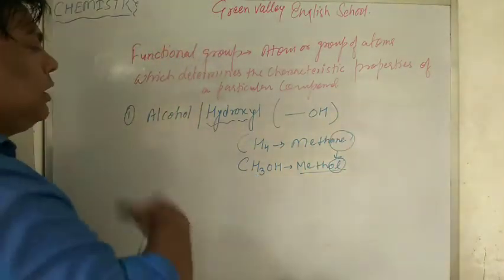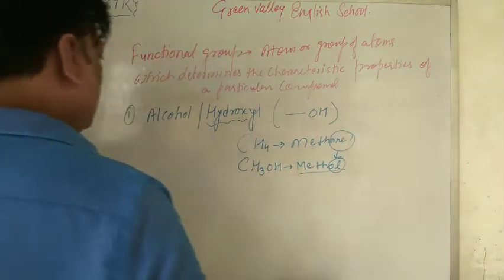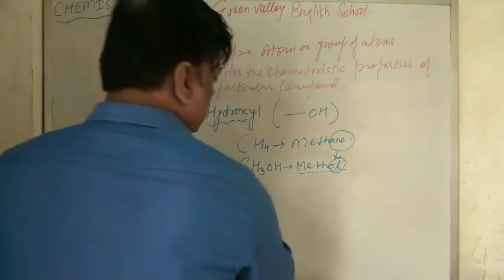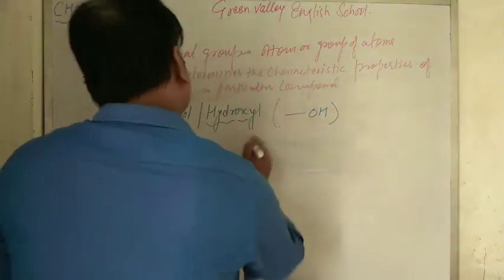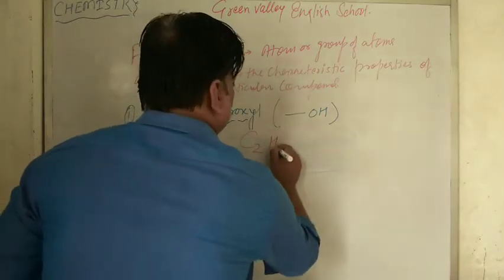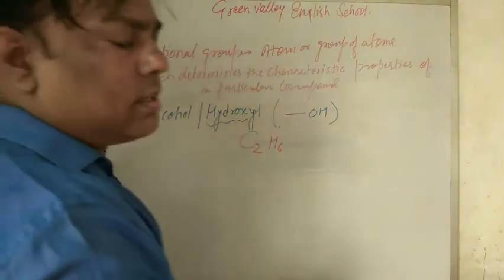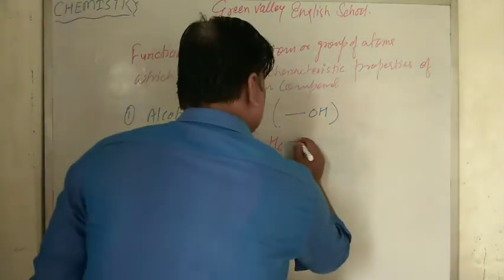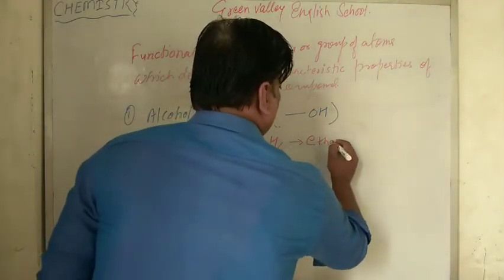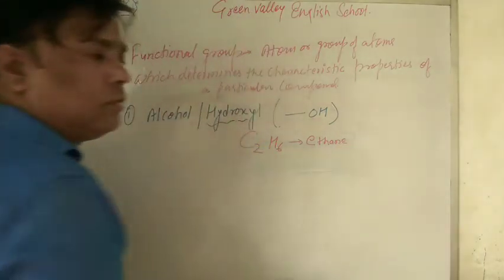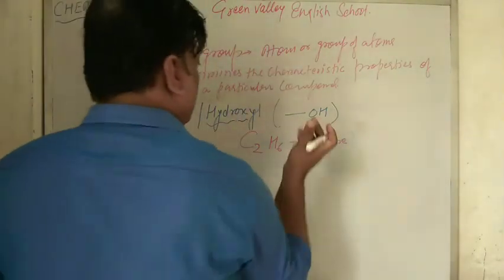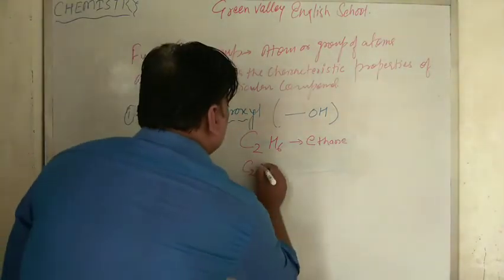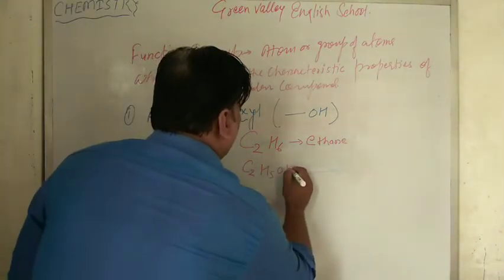Now take another example. C2H6 is called ethane. Now if I add one OH, what to do? We have to remove one hydrogen, giving C2H5OH.